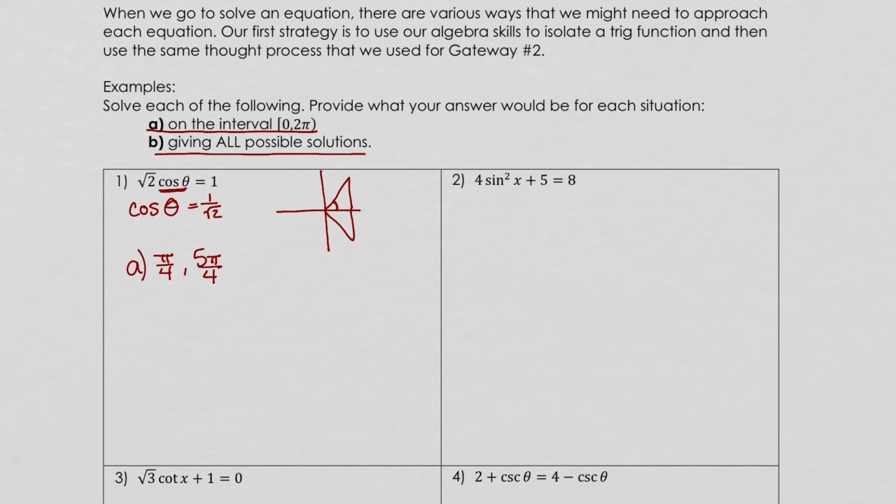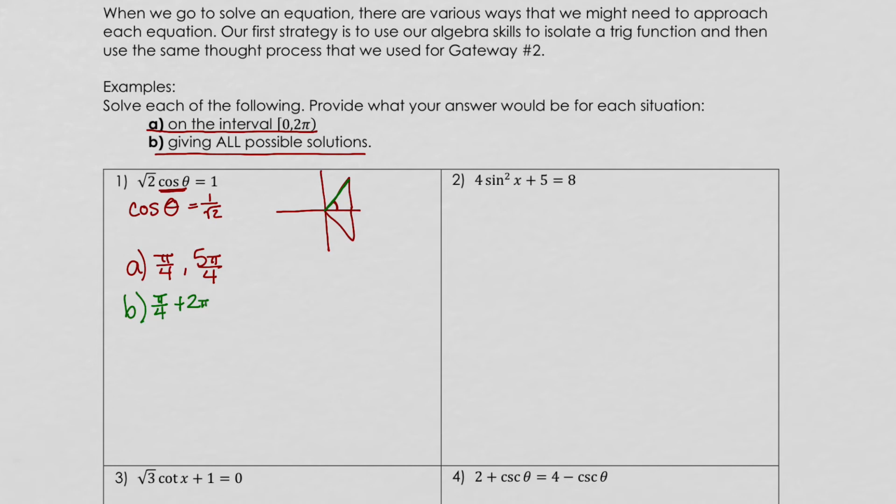All right, now for B, it wants all possible solutions. So that means if I do 1 whole revolution or 2 or 3, or go backwards and do a whole revolution, whichever, it wants all the solutions that are possible. So I'm going to take this pi over 4. I know my period is 2 pi.